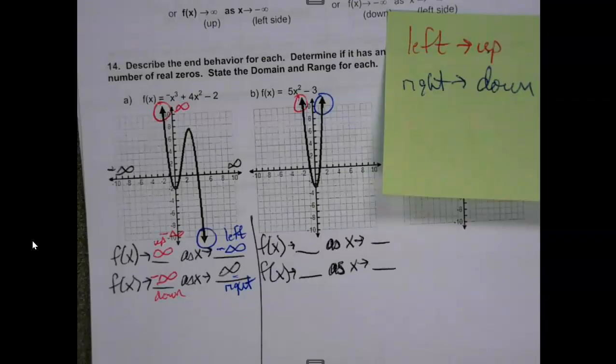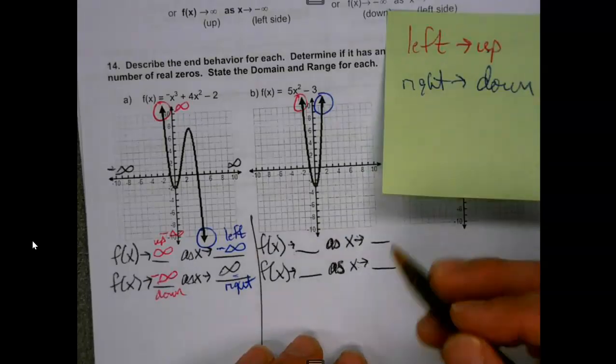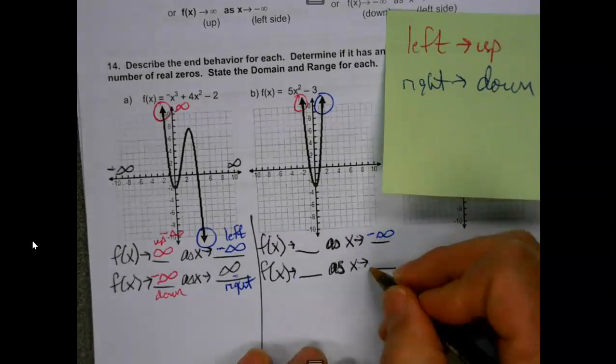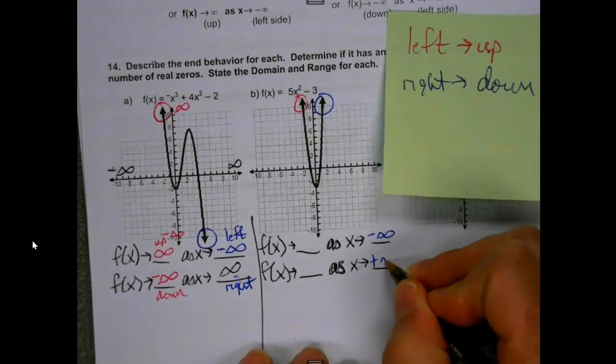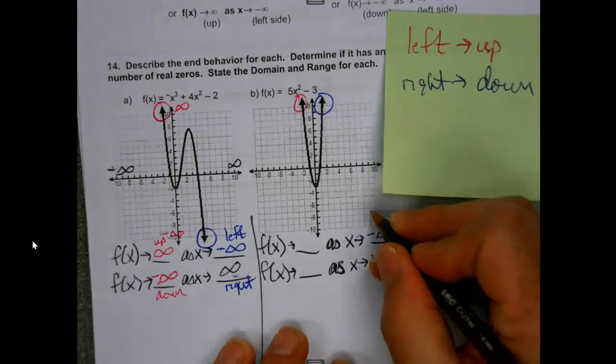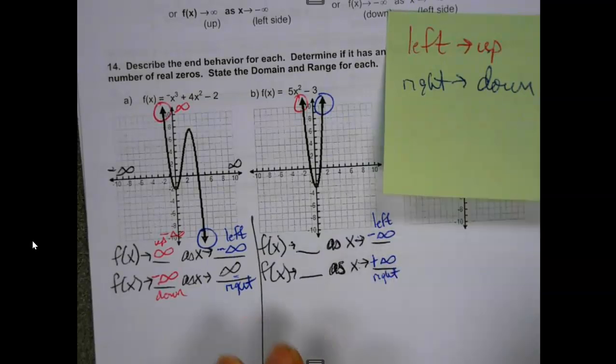So I look, and I will give you a hint to make things go a little quicker too. We're always doing this. Your x's, you will always have one that is negative infinity and one that is positive infinity every time. So if that helps simplify some things, that would be helpful.